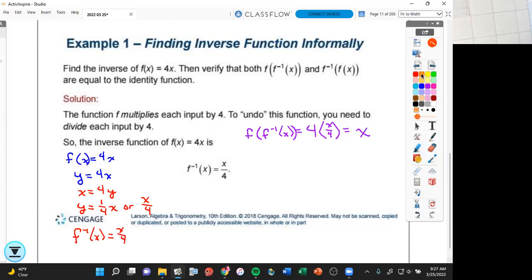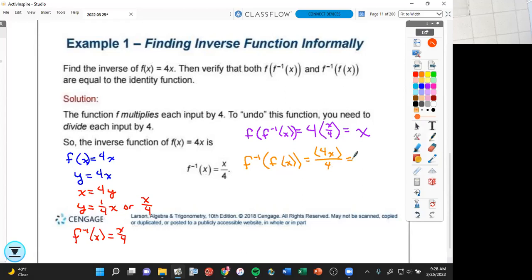Okay. So I also want to know, is f inverse of f of x? Which means now I'm going to take the inverse function, which is x over 4. So in my numerator, my x is going to be 4x, divided by 4.